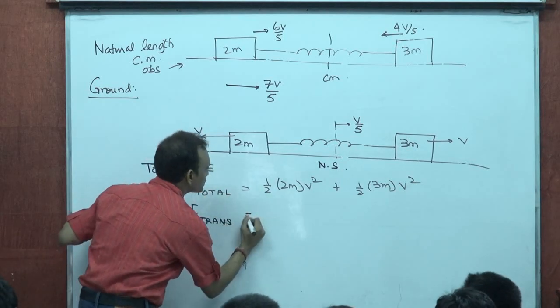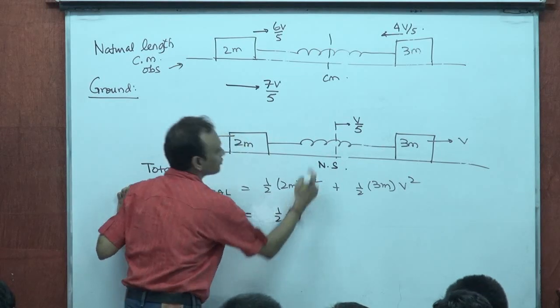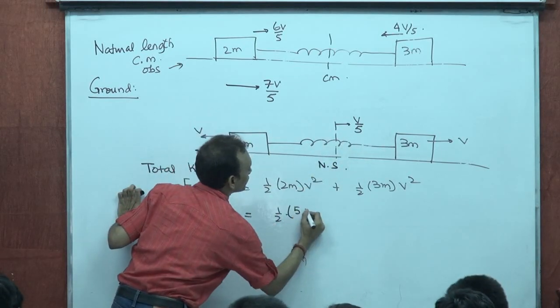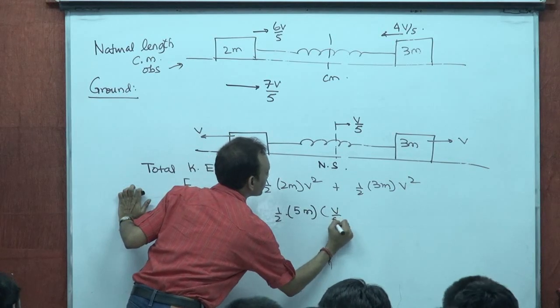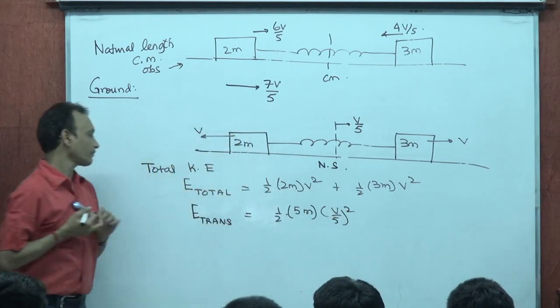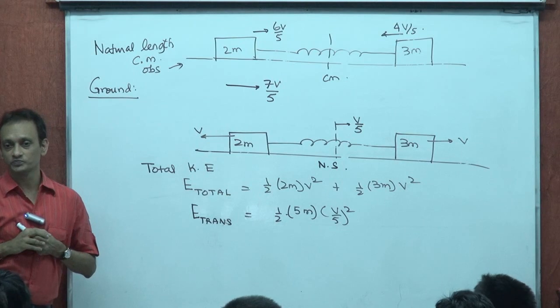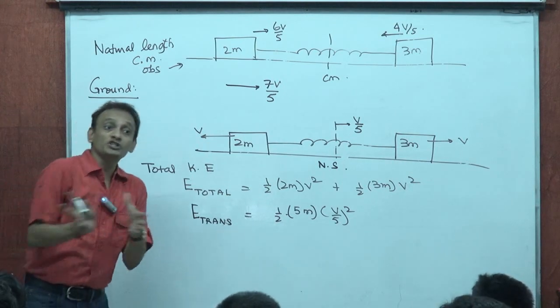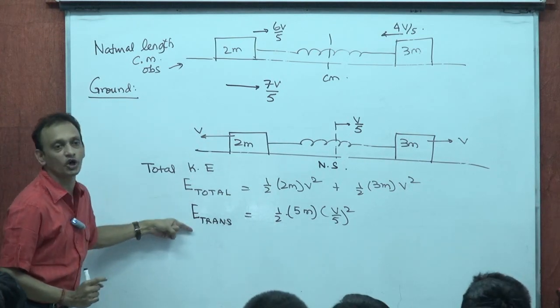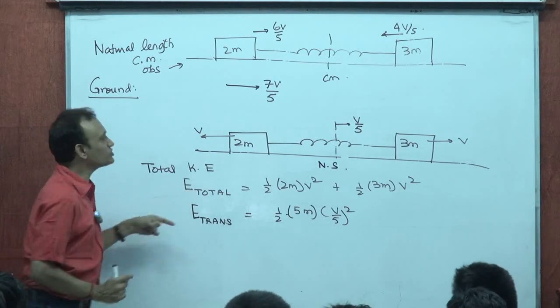The energy of translation we might want to imagine as half of 5m into v by 5 square. That's the energy of translation. The oscillation energy would be the difference of these two.